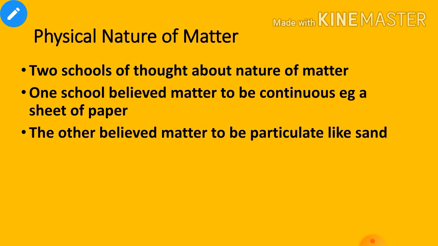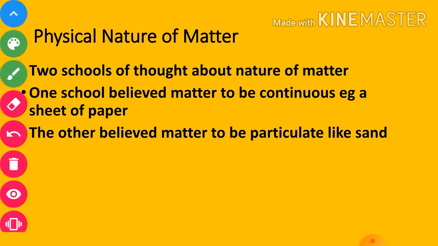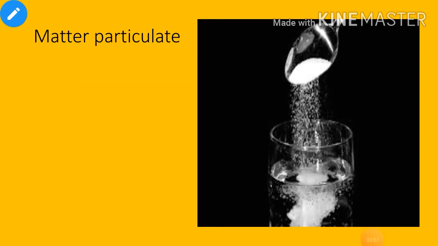And the other was that matter is made up of particles, or it is particulate. To understand whether matter is continuous like a sheet of paper or made up of particles, we have to discuss one simple activity.